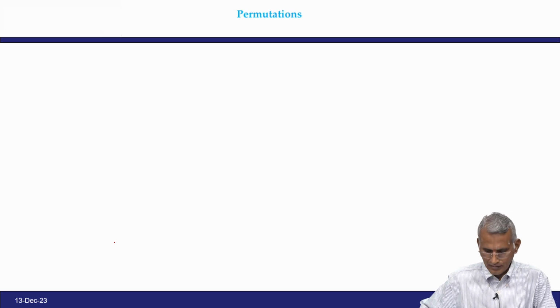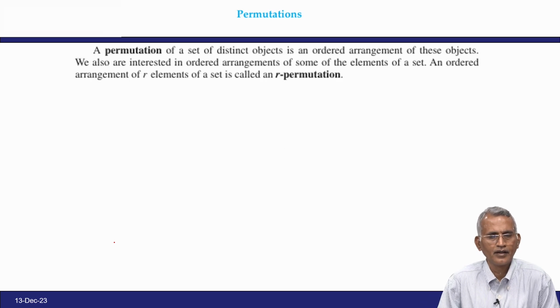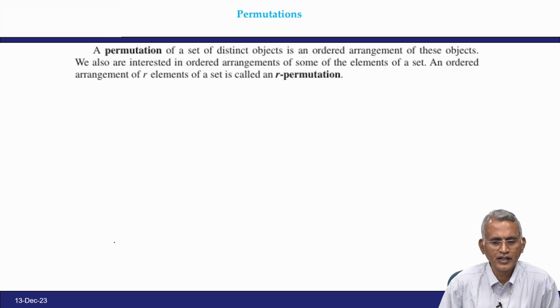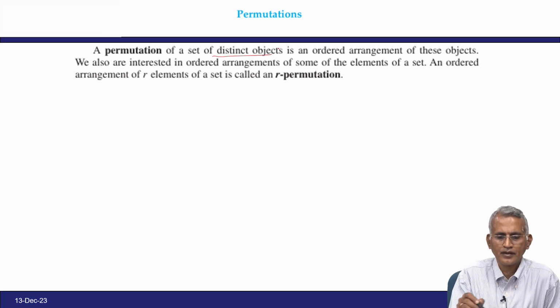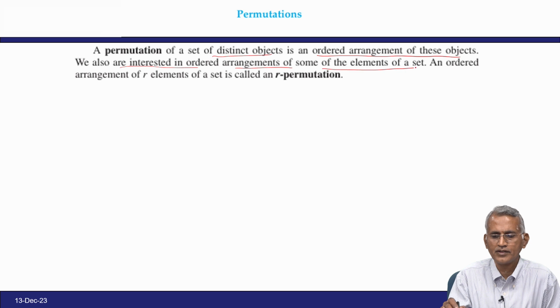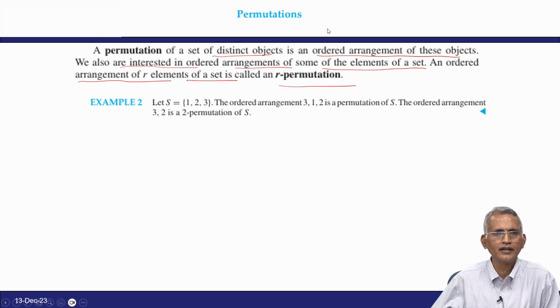So, permutation of a set of distinct objects is an ordered arrangement of these objects, and we are also interested in the ordered arrangement of some of the elements of a set. An ordered arrangement of r elements of a set is called an r-permutation.